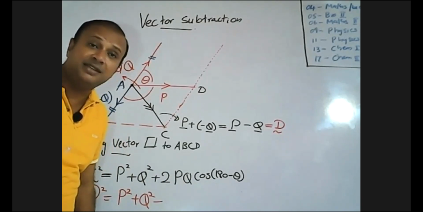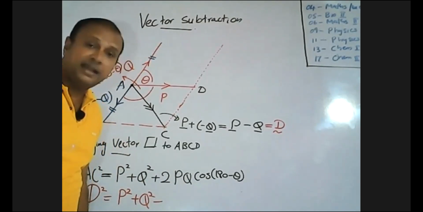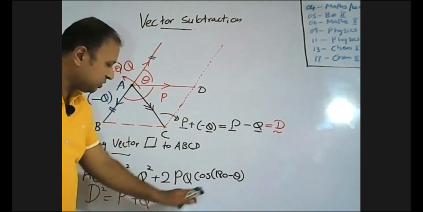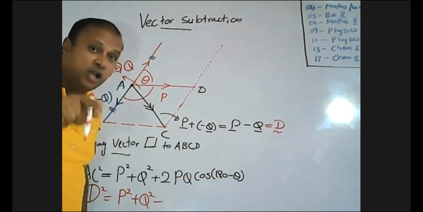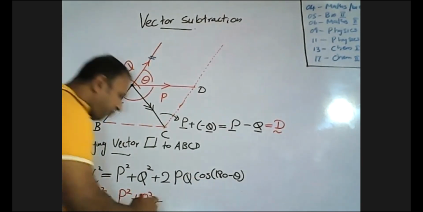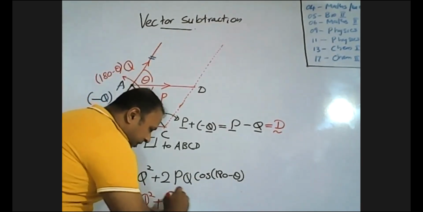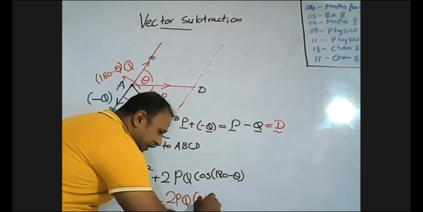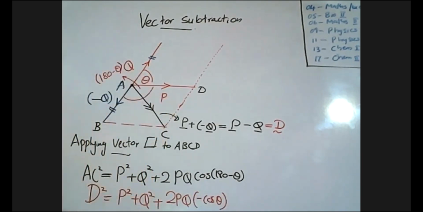Cos 180 minus theta is equal to minus cos theta. Therefore, 2PQ times minus cos theta.